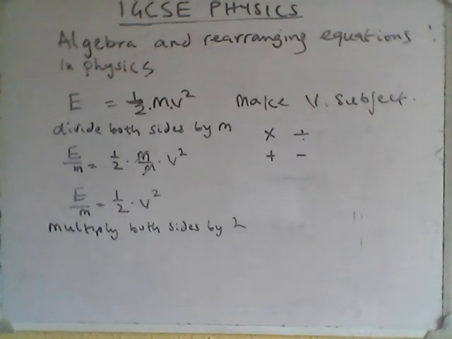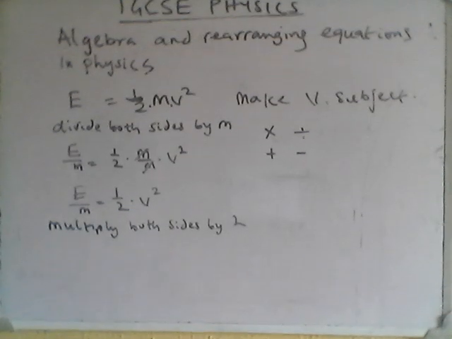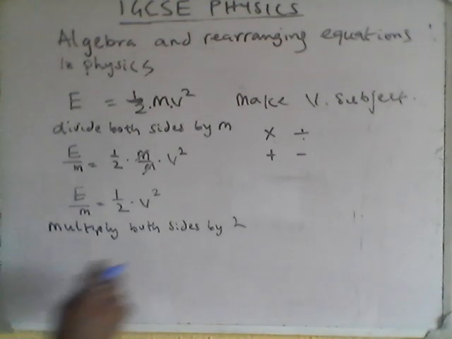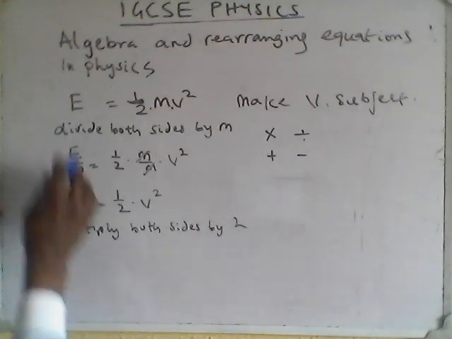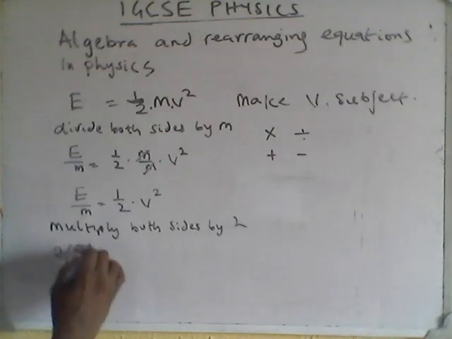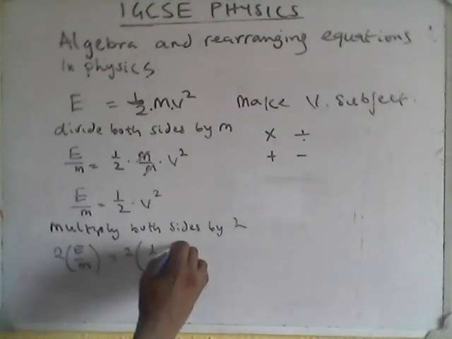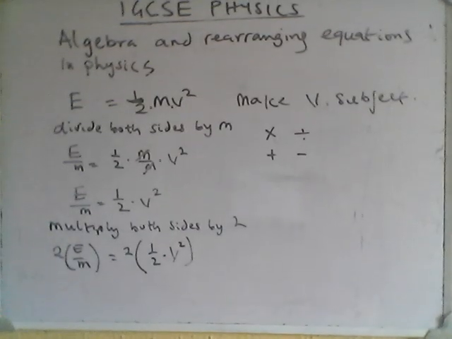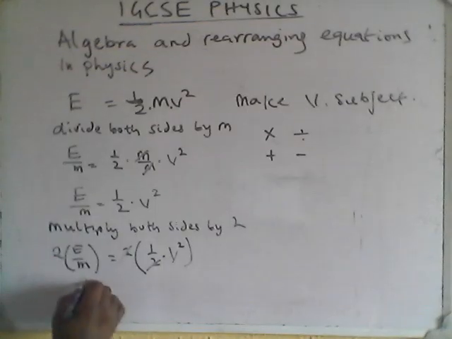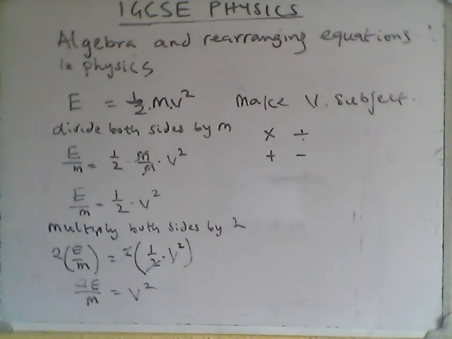The key thing here is that I'm doing this to both sides, not to only one side, right? So this left-hand side is 2 times E over m is equals to 2 again times 1 over 2 dot v squared. So 2 cancels 2. What I have now is 2E over m is equals to v squared.